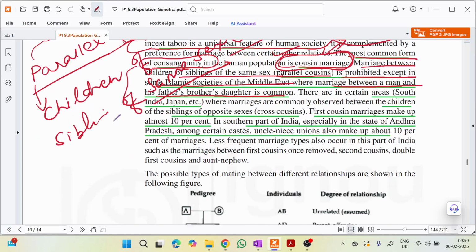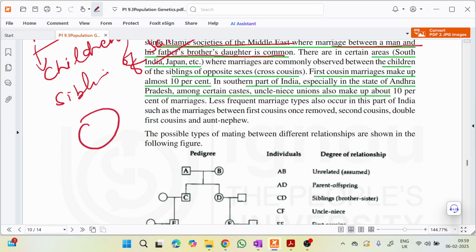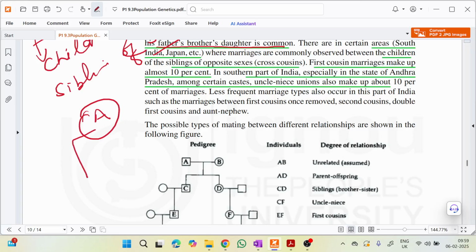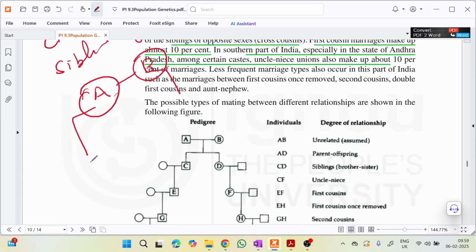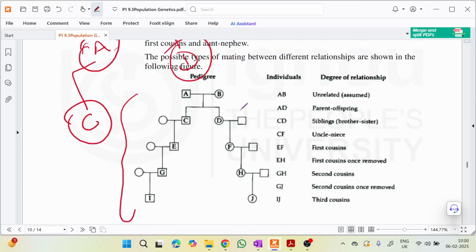So let's take the example of a pedigree chart. Here is a grandfather and grandmother, and now their children, C and D. I can explain this in the pedigree chart.